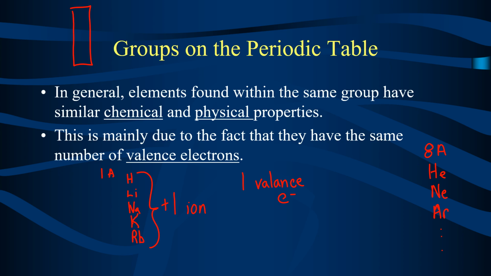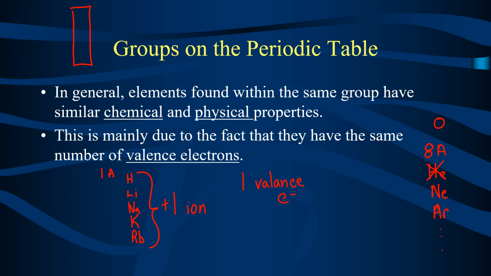With exception of helium, helium's a little bit different because it only has one shell. But what did we say was special about the charge of these? They don't react. They don't make ions. They have a zero net charge because they're non-reactive.